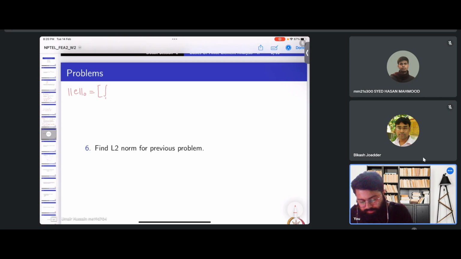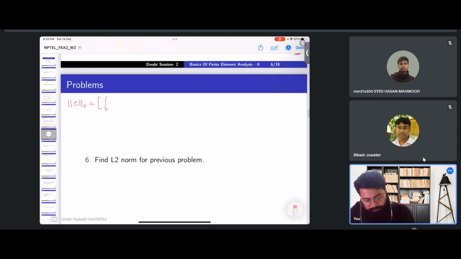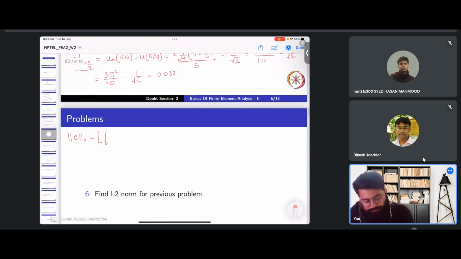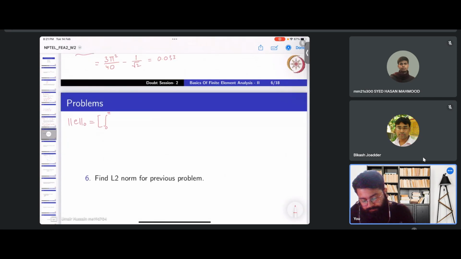So it is defined, I think, from the domain 0 to pi, right? Integral is from the range of the domain. Then we have u_h minus u squared dx.